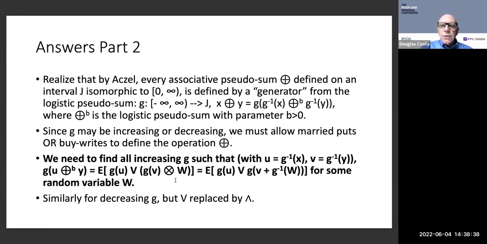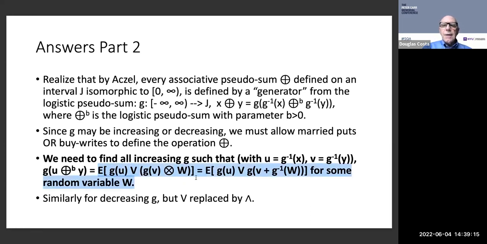So we can use the logistic pseudo-sum as our base case and define all the other associative operations isomorphic to the 0 to infinity case through that. And then we can ask the question, can we find all of the generators for which married puts using the new arithmetic, the pseudo arithmetic of the new semifield with the pseudo product and the pseudo sum? So those are the things down here.